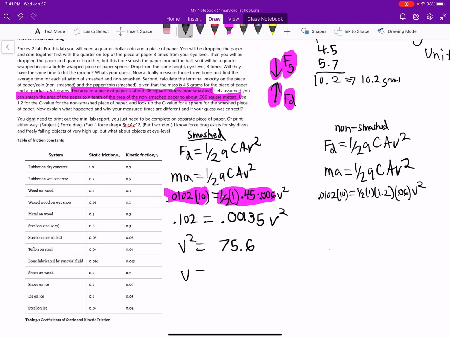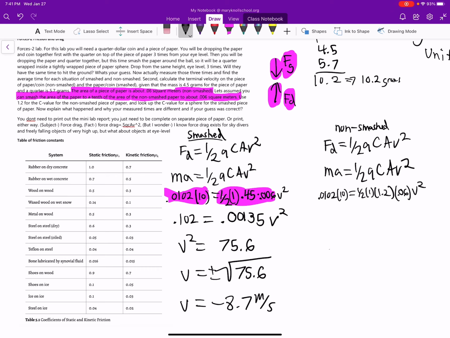And so v equals the square root of 75.6. And remember to do the plus or minus. And I get about 8.7. Now I made a small mistake here. It should be negative. And I left something out. It should be in meters per second.